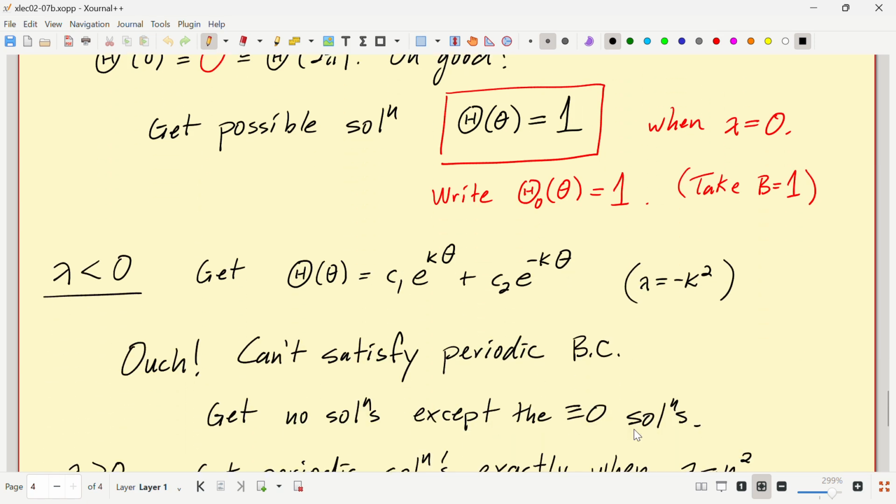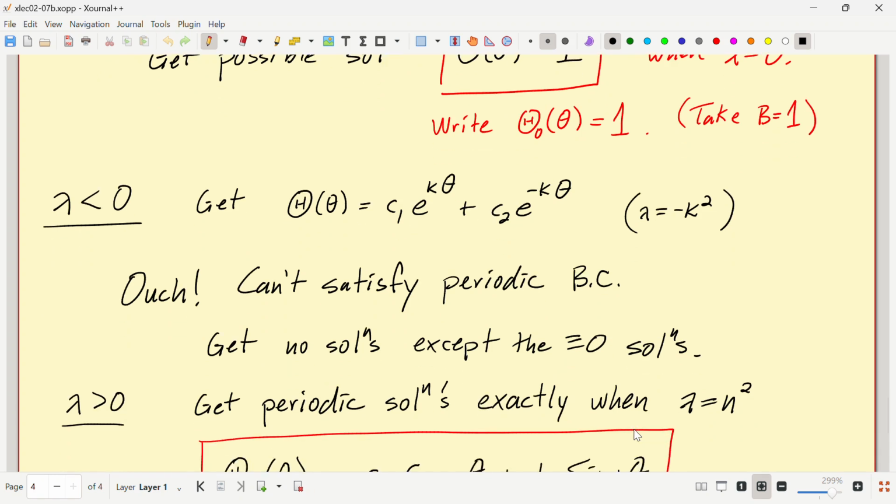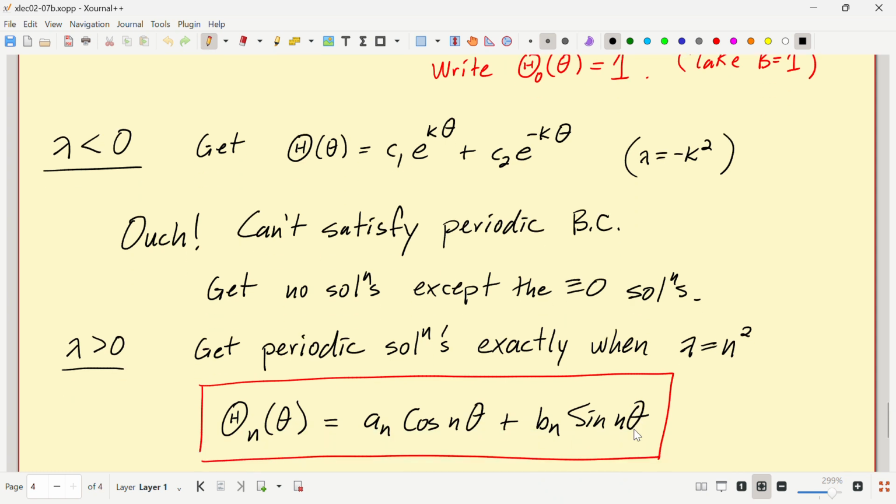Okay, when lambda was less than 0, then you get exponential functions, and you can't possibly satisfy the periodic boundary conditions with exponential functions. You have to write that down and just do it, but you get to a point where the only thing I can have are C1 and C2 both being 0.